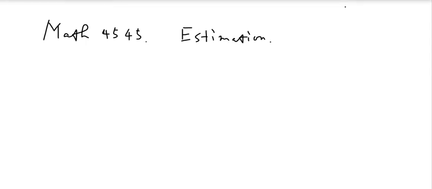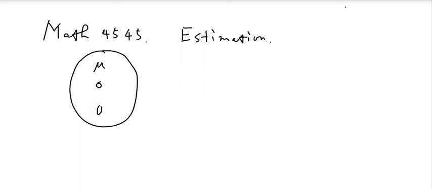Today we talk about estimation. We have populations with parameters like mu, the population average, or sigma, the population standard deviation. More generally, for a population we have an unknown parameter, which we denote theta, and we want to estimate it.